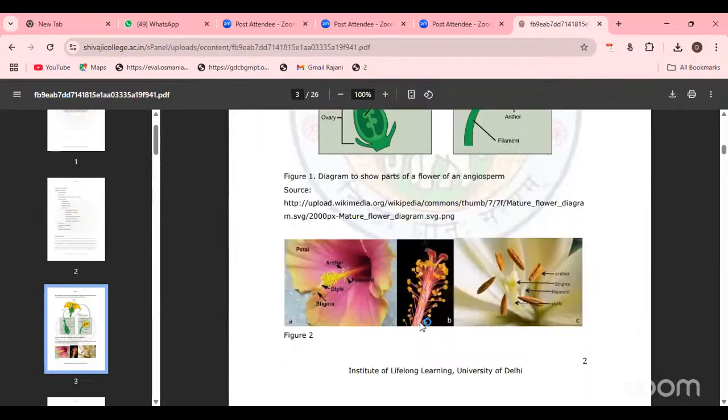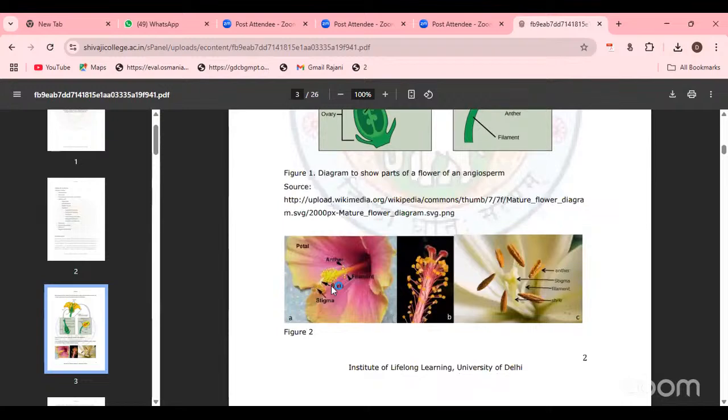You can observe the stigma, filament. This is the stigma part, this is the style. You can observe the petals. These are the anther and filament. This is the filament, and the stigma, style. This is the anther. This is the stigma, filament, style part.